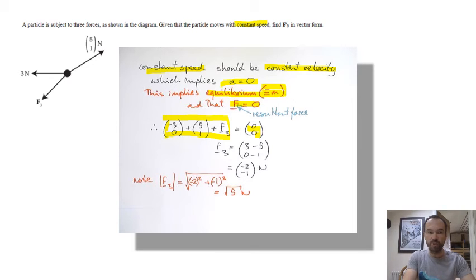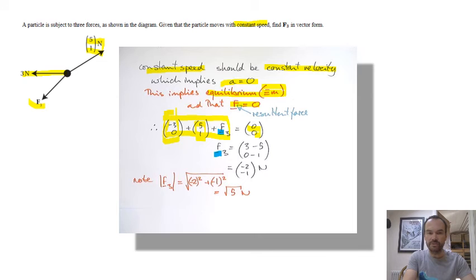And what are the three forces? 3 to the left is -3, 0. 5, 1 is the 5, 1. And we don't know F3. They write it in bold. Right, can I urge you, respect the vector. Underline F3, underline it.